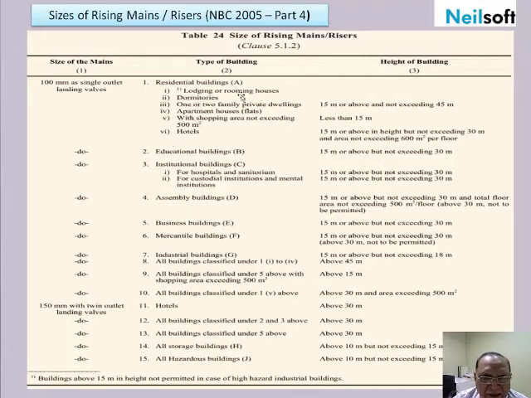So as we can see in the example, the residential buildings category A, lodging room, dormitories, one or two family having height not more than 15 meter and above, maximum to 45 meter, and with the shopping area not exceeding 500 meter.